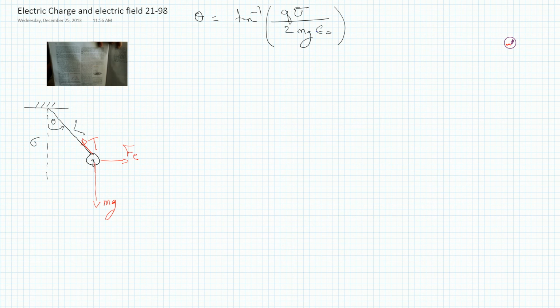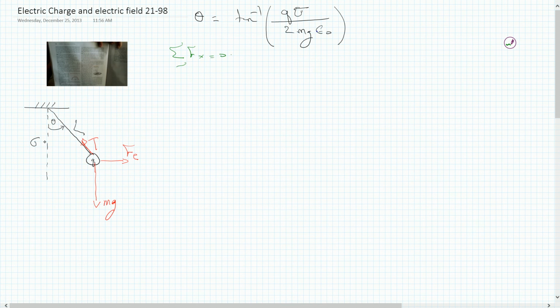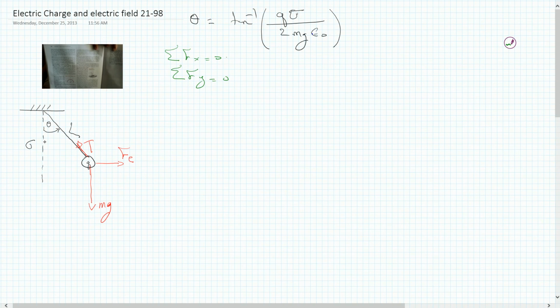Conditions for equilibrium. The summation of forces in the x has to equal 0, and the summation of forces in the y has to equal 0, because the sphere is not moving in the x nor in the y direction. And by the way, let's call x positive to the right, and y positive up.